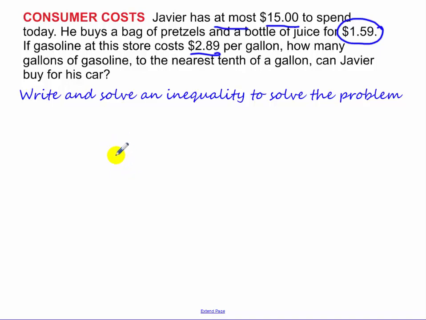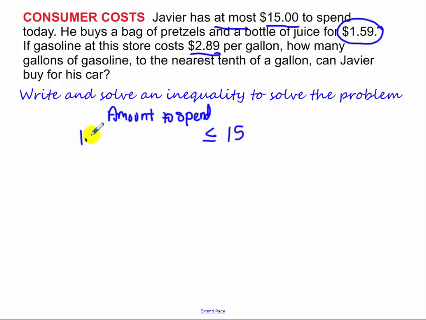So he has at most 15. So the amount he has to spend has to be less than or equal to 15, because we can't go over $15, because that's all he has.